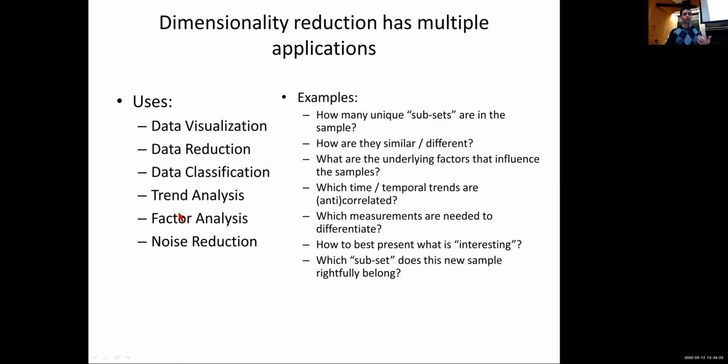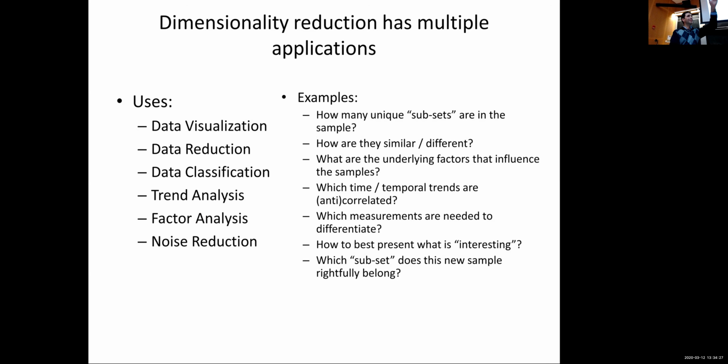And that can be helpful for recognizing biologically meaningful gene sets. For example, this whole pathway appears to be going up and down in a coordinated fashion. It's by reducing the dimensionality of my data that I was able to recognize this underlying factor driving this. Raise your hands if you're with me. Awesome. All right, and then it can also be very useful for noise reduction.